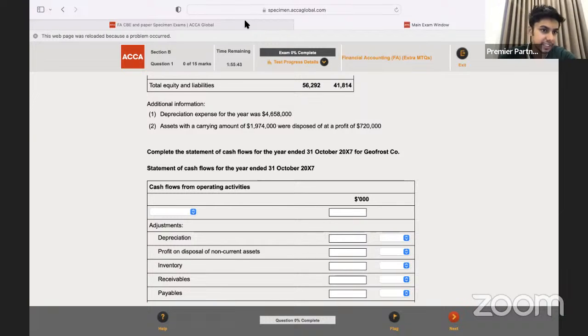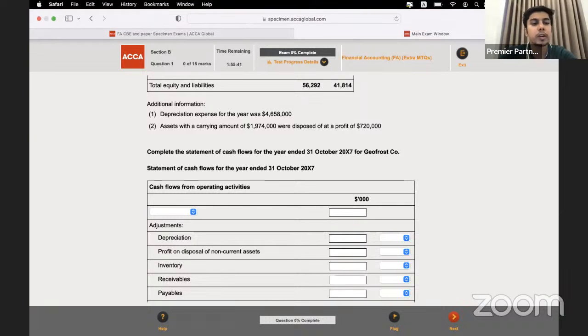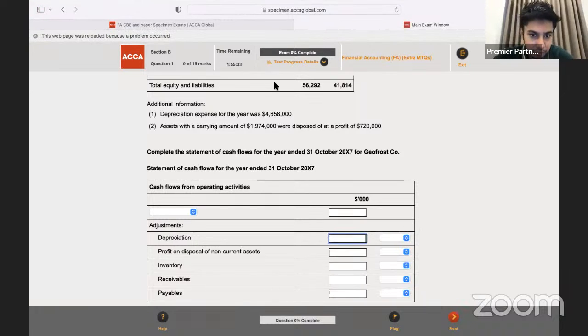Normally, depreciation is an expense, and we subtract depreciation from profits. So since the money has not gone out, we want to reverse this. Once you reverse, depreciation will be added. So let me mark it over here. 4,658,000 rupees. That's our depreciation. So remember, depreciation we should normally add in the statement of cash flow. And also, one more thing.